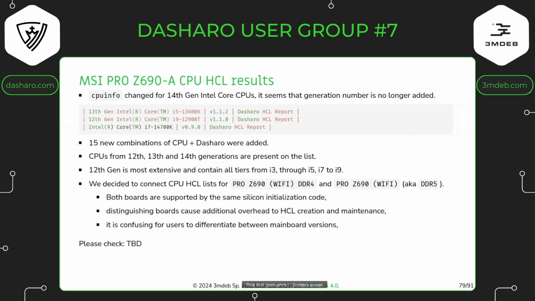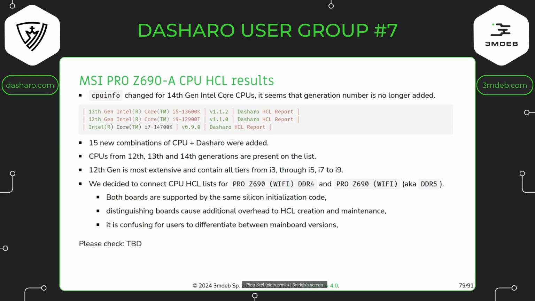And because of the way it was presented so far on docs.dasharo.com, we decided to merge the two tabs, because there is essentially one binary which boots both of those platforms. It doesn't matter if this is a DDR4 or DDR5 platform, but there were two tabs saying which CPUs are supported. At the point we created it, we thought that it made sense, but right now I think this doesn't make sense. It just causes problems in maintaining.